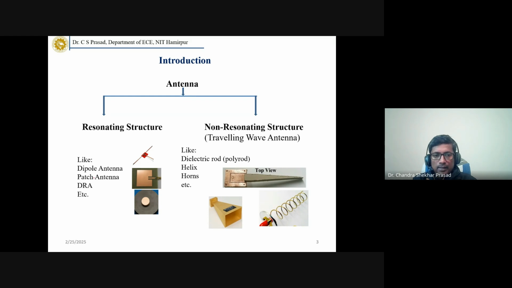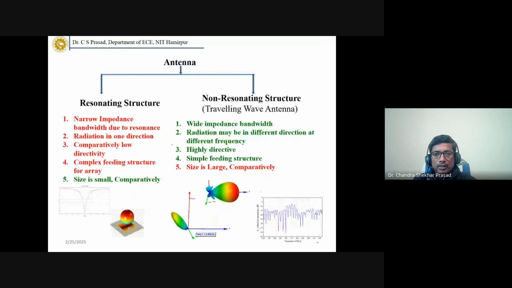Many antennas like dipole antenna, patch antenna, and dielectric resonator antennas are in the category of resonating structure. Similarly, we have non-resonating structures, like dielectric rod antenna, helical antenna, horn antenna, etc. So let's see the advantages and limitations or disadvantages of these two categories.